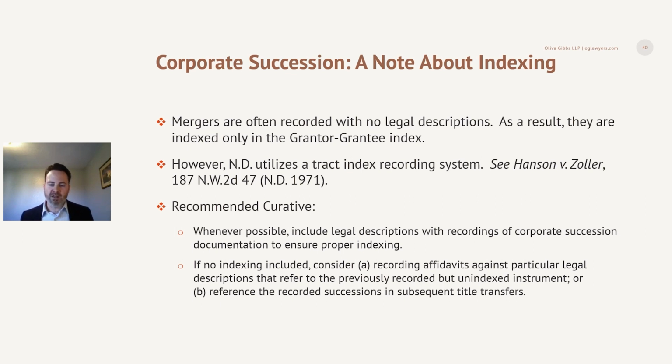Or in the chain of title for the next conveyance, you could include references to the succession and or instruments that may already be filed of record. That way, a certain document might not be indexed against your lands, but we can note it in the subsequent conveyance, and then the reader will be put on notice as to its existence and the contents of that document.